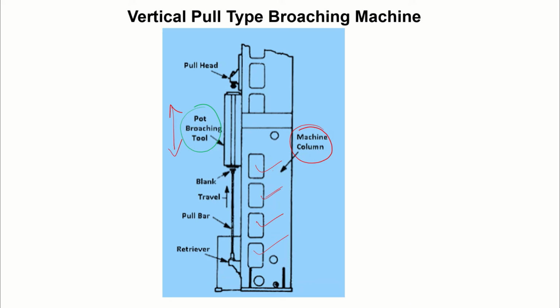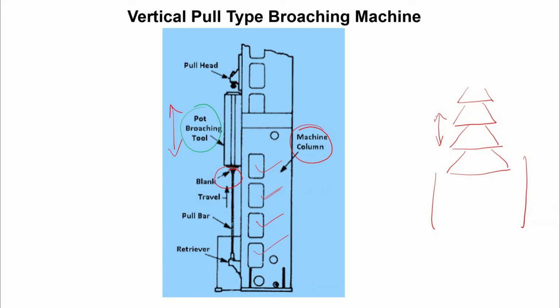What happens is that the workpiece will be fixed here, and the broach tool will have teeth like this, though here they have not shown the teeth. This broaching tool is arranged in vertical direction, and it is allowed to pass through the workpiece in this particular direction.